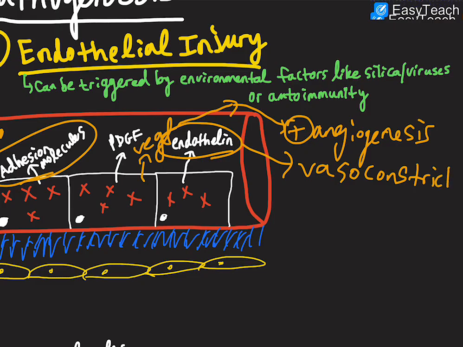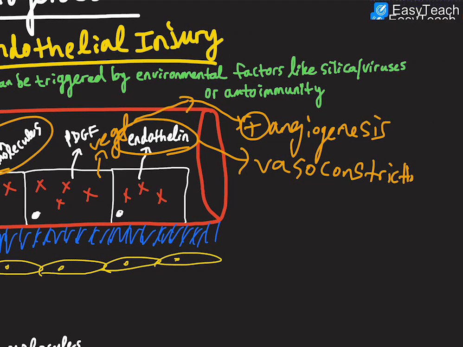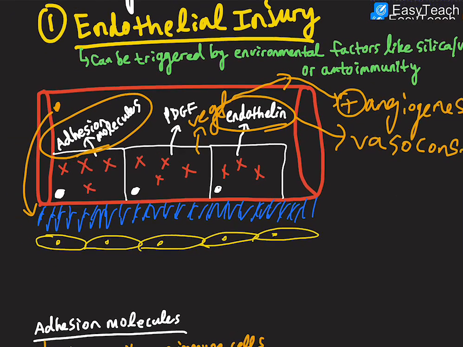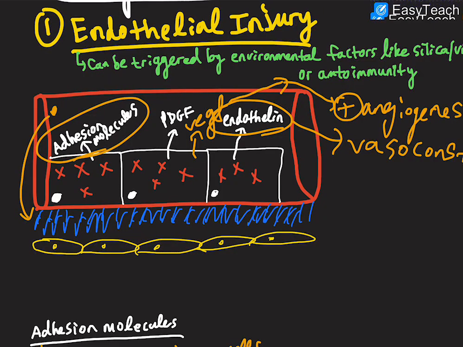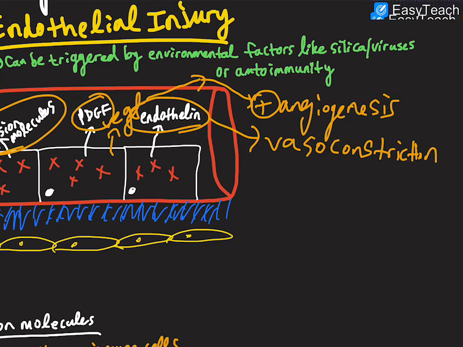So notice what's happening here: we get endothelial damage, which leads to certain things being released from our endothelial cells, and we have to focus on these molecules. Endothelin causes vasoconstriction. Platelet-derived growth factor leads to fibrosis. Vasoconstriction will reduce blood flow to whatever organ this blood vessel is supplying, and decreased blood flow can further contribute to fibrosis.